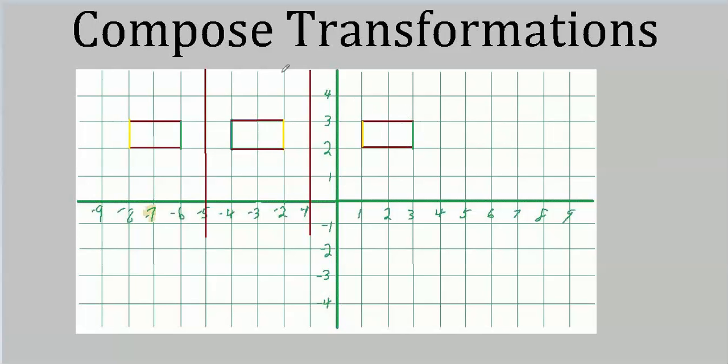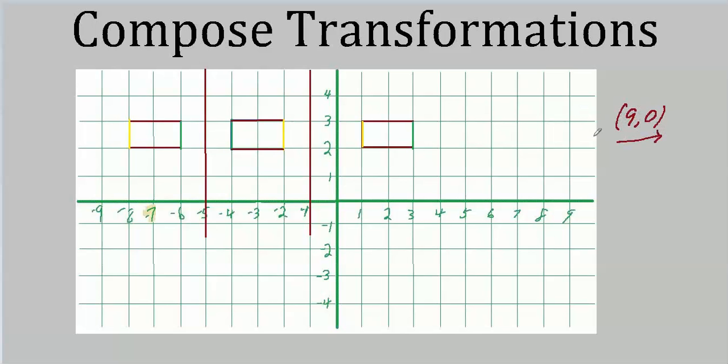So, what we have here is that two reflections together is the same as just one translation. After all, this went from, say, -8 to 1. That's a change of 9. So our displacement vector is 9, 0. That would be the translation vector.